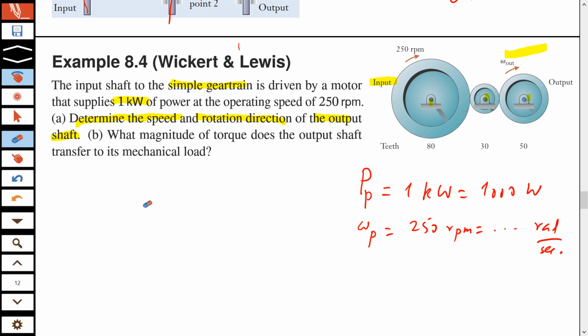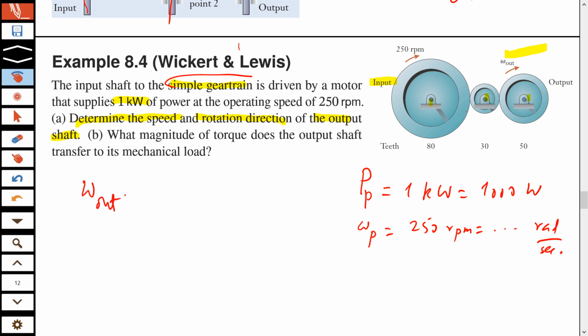For speed, you just need to write the formula. Because this is a simple gear train, omega out divided by omega n will be the teeth ratio. Actually, we don't need to write it in this way. We just write the transformation.